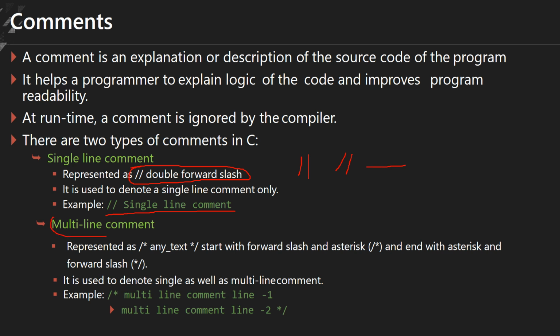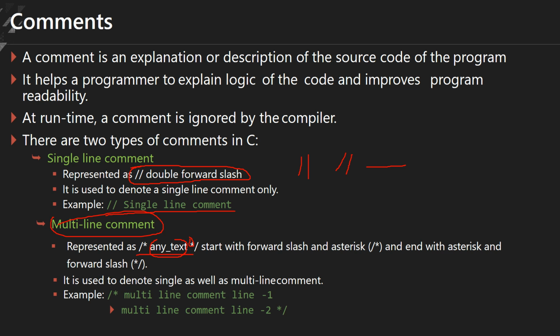Then a multi-line comment is used if you want to write a comment over multiple lines. It starts with a forward slash and asterisk, anything can be written within this, and it is closed by an asterisk and forward slash, right? That becomes a multi-line comment.